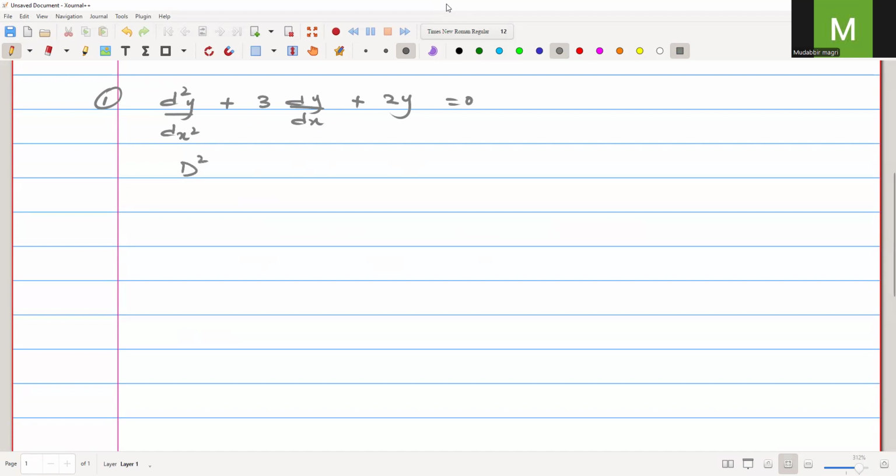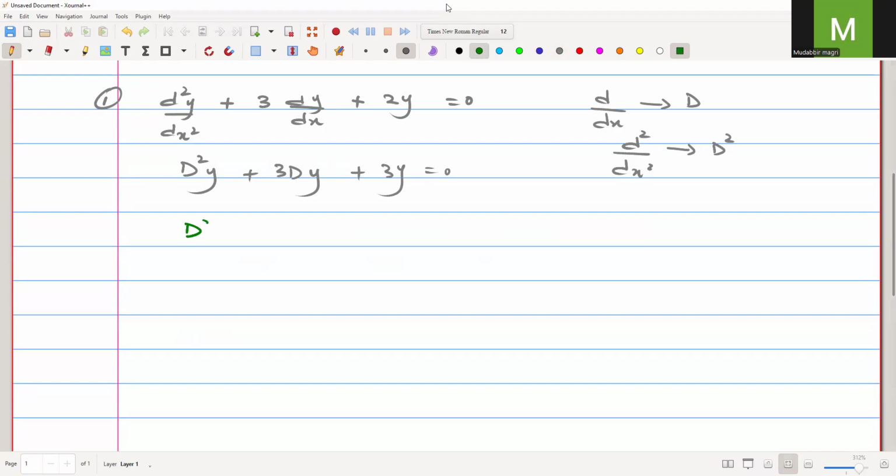We can write this in the operator form. That is, we can write d by dx as D, and similarly d squared by dx squared as D squared, right? So these are the operators applied on the functions.